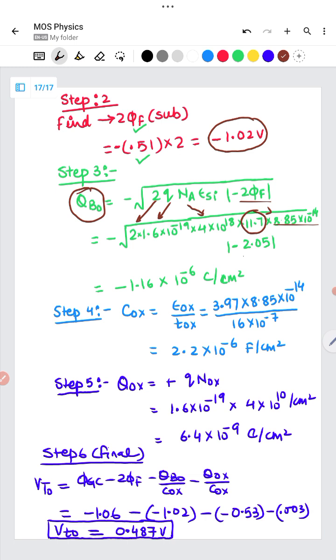When you solve it, it comes out to be 1.16 into 10 to the power minus 6 coulomb per centimeter square. So this is the charge density in the depletion region.